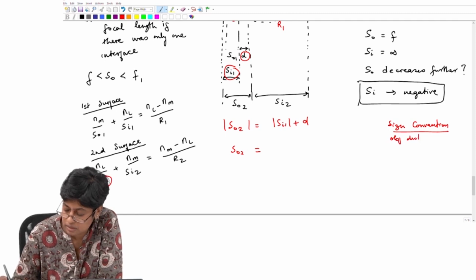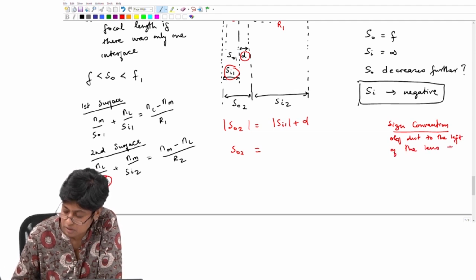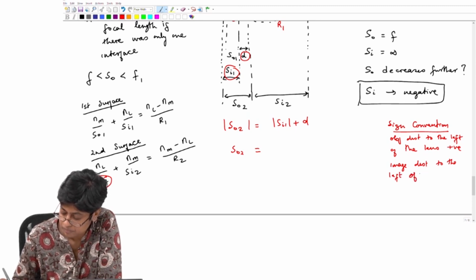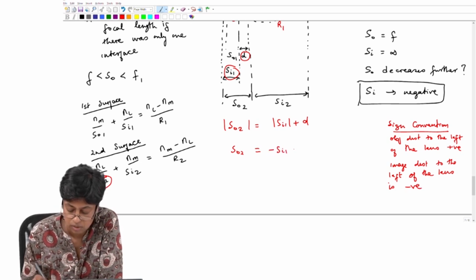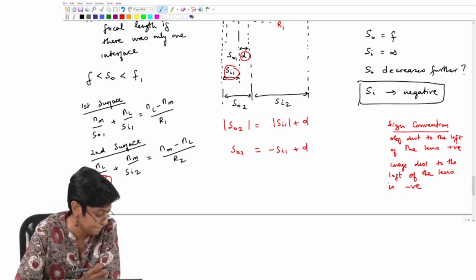Object distance to the left of the lens is positive, image distance to the left of the lens is negative.